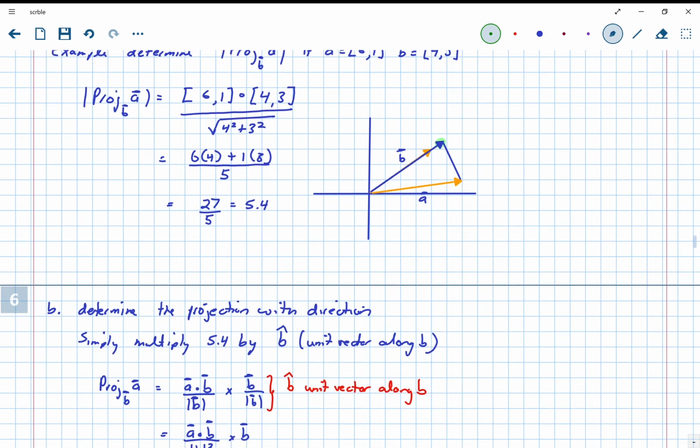Now part B is a little bit different. Determine the projection with direction. That's going to give us a vector result rather than just a scalar like that.